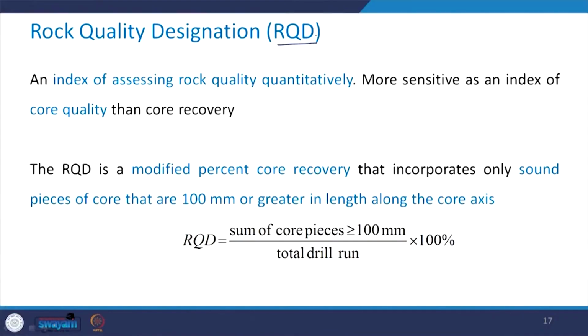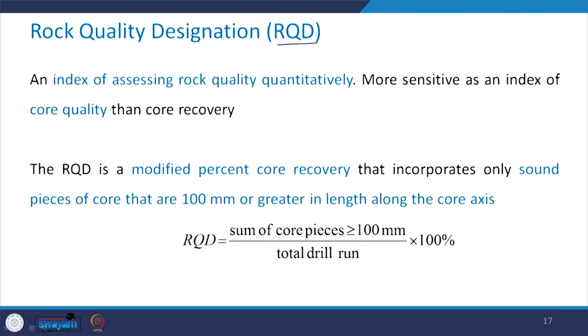Before we study the classification of the rock mass, we need to understand the concept of rock quality designation, which we will be using pretty often in almost all the rock mass classification systems. In short, it is called RQD.